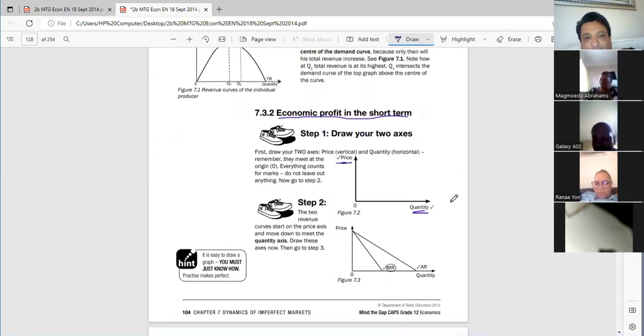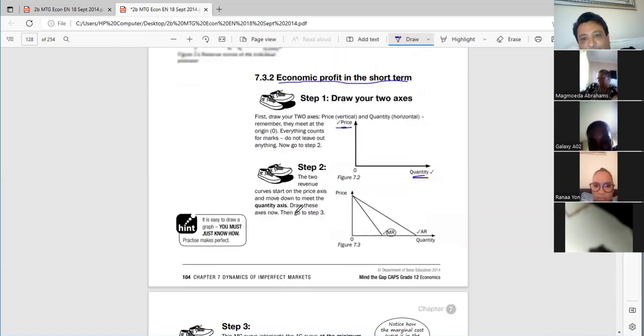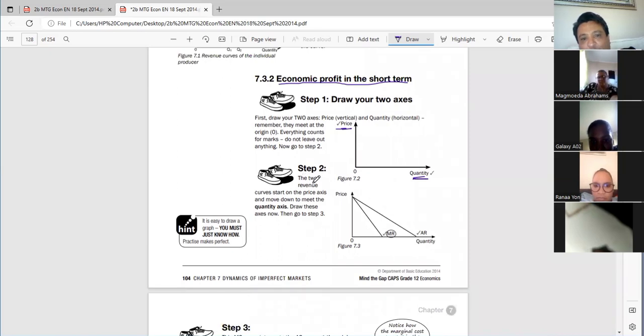Now, you first draw your two axes. Remember, they meet at the origin of 0 here. Now, step 2, the two revenue curves, which are the marginal revenue and the average revenue. The average revenue is your demand curve.